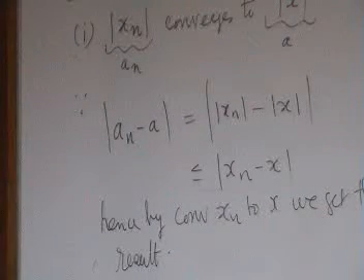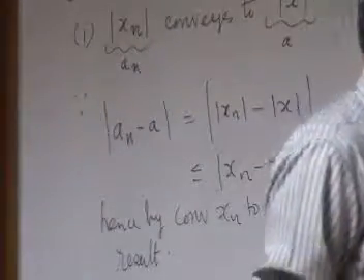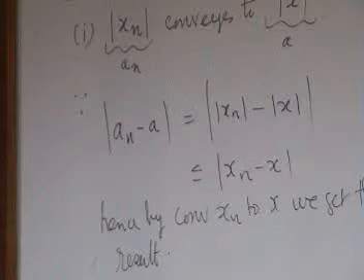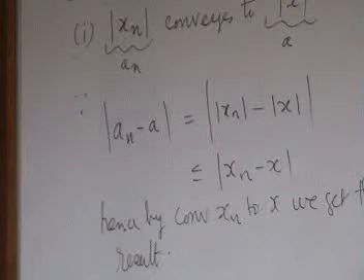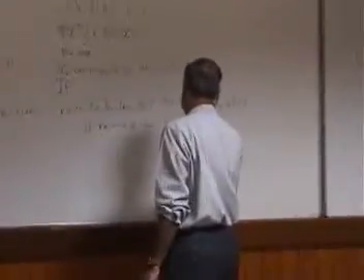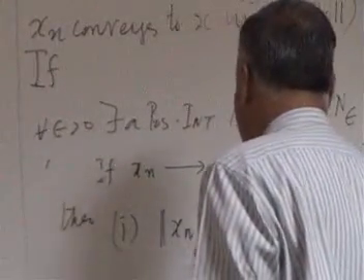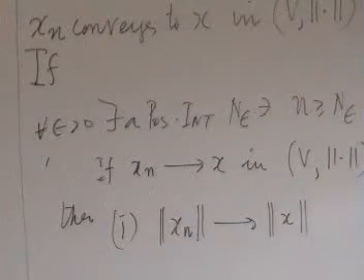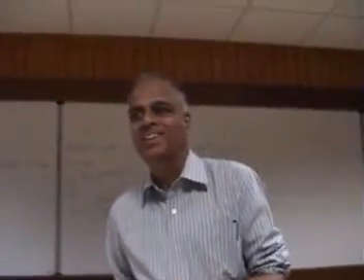Now, exactly the same inequality is available in the norm, and therefore we can say the analogous result is, property 1: if xn converges to x, then the norm of xn will converge to the norm of x, which is what is meant by saying that the norm is a continuous function.